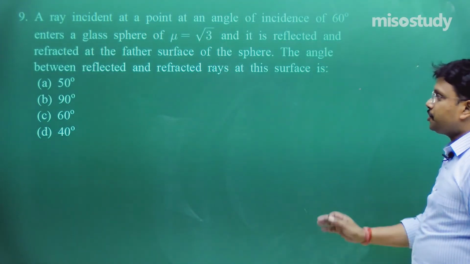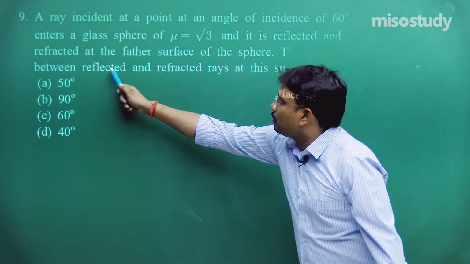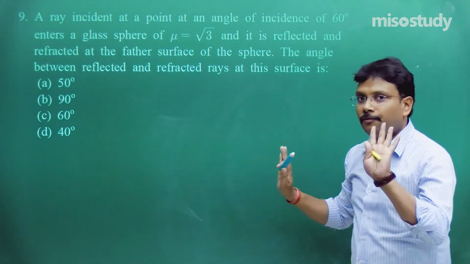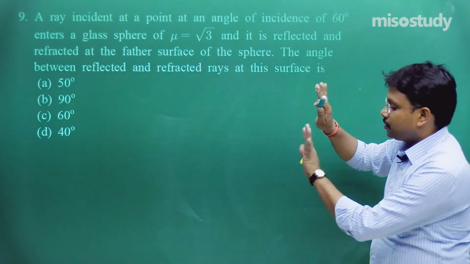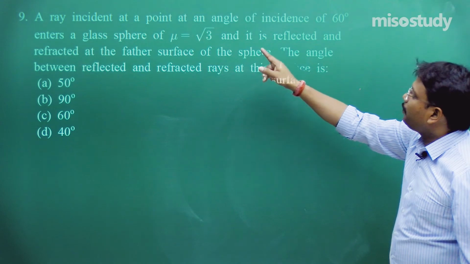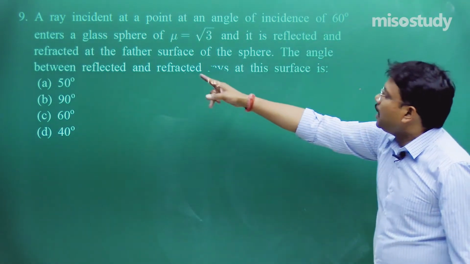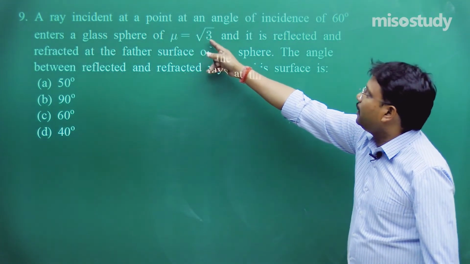Now this question is purely a combination of, fine, whenever reading the question always your eyes should come this way. Ray incident at a point at an angle of incidence of 60 degree, that is pi by 3, enters a glass slab of refractive index this much.